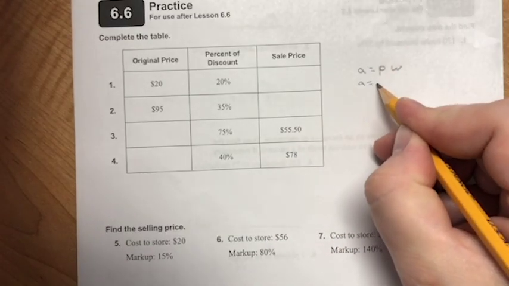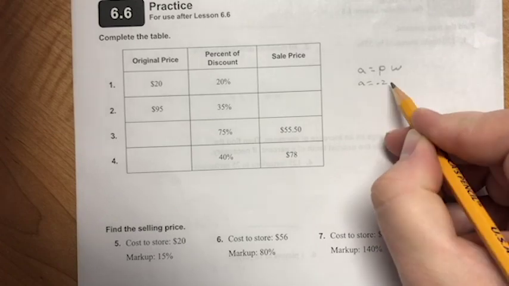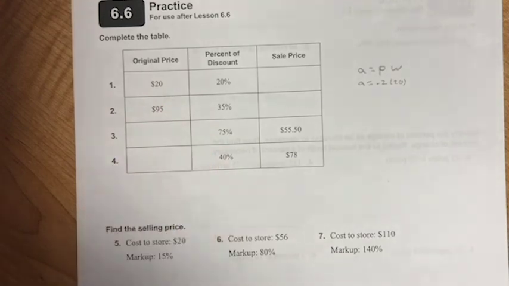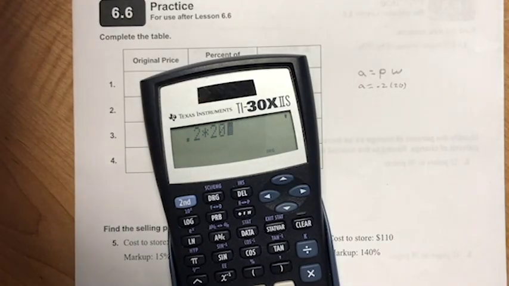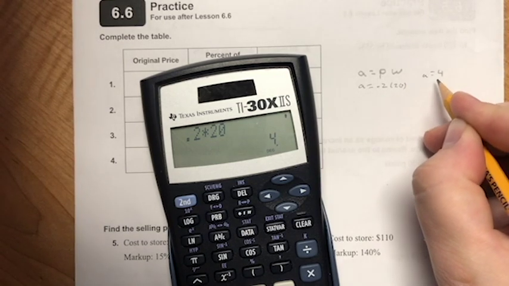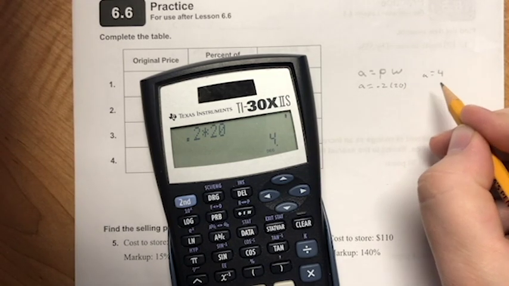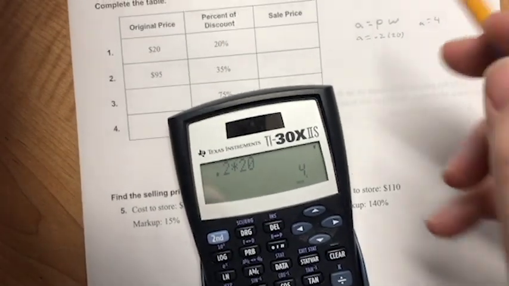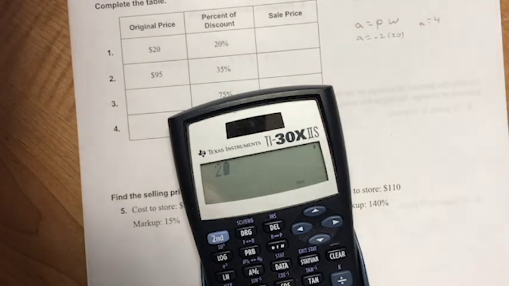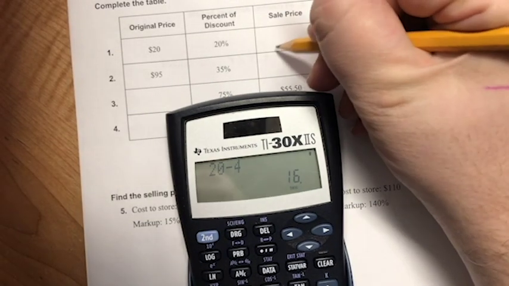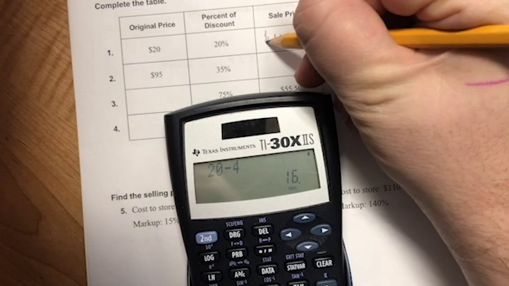A is equal to my percent as a decimal, which is 0.2, times my whole, which in this case is going to be 20. So let's find out what that is. We have 0.2 times 20. That gives me that A is equal to 4. This is the physical change that I'm getting. So it's actually taking off $4 from my original price. So now I can just say I'm going to go 20, which was my original, take away that physical change of 4, and I get that my sales price is actually going to be $16.